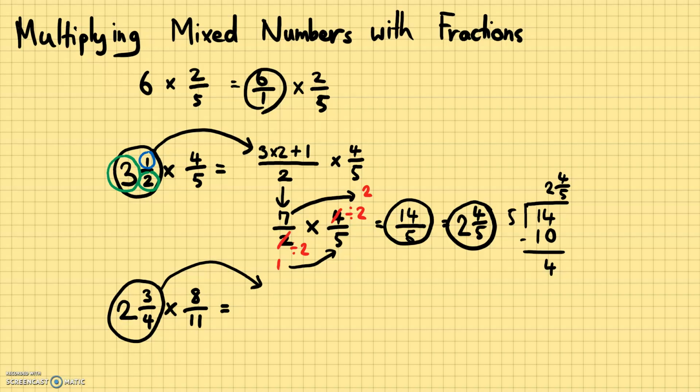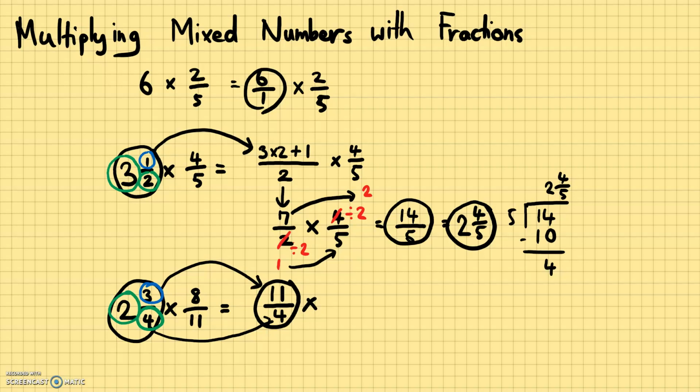So we need to multiply 2 times 4, which is 8, and then add 3. So the numerator is going to be 11. 2 times 4 is 8, plus 3 is 11. The denominator will stay the same. The denominator will be 4. Okay, so we've changed the mixed number to an improper fraction.